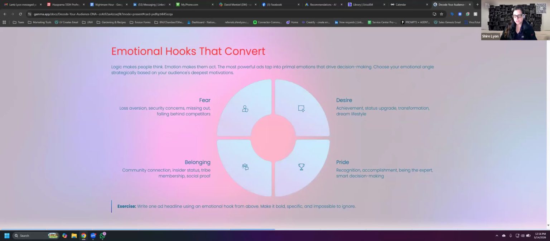So let's go a little bit deeper into the emotional drivers that are behind making decisions. People don't just buy products, they buy transformation, they buy relief, pride, belonging. So on your worksheet, you want to ask yourself, what emotions drive your audience?